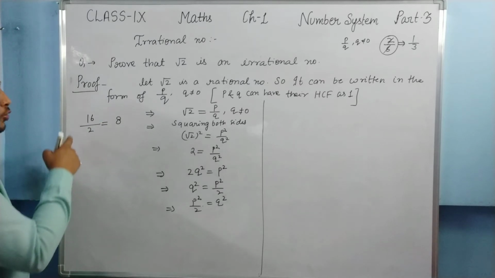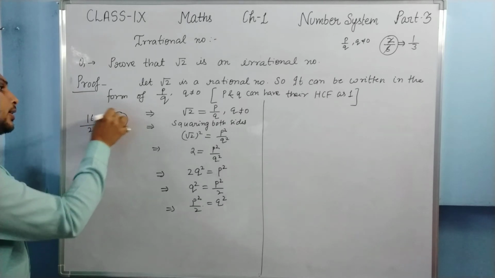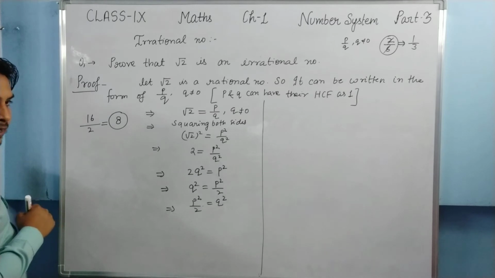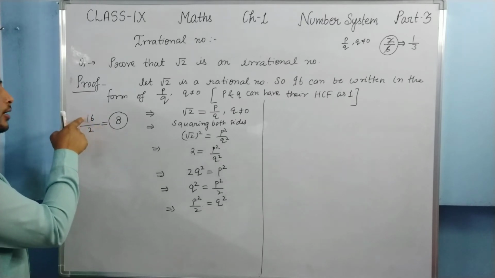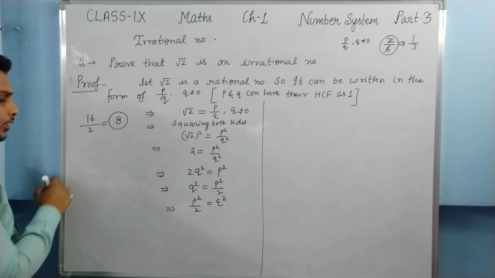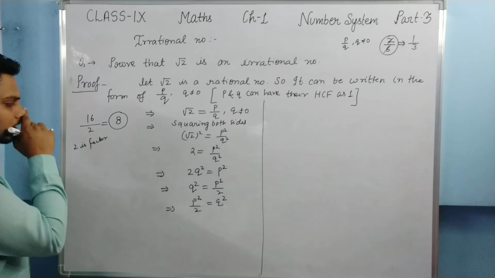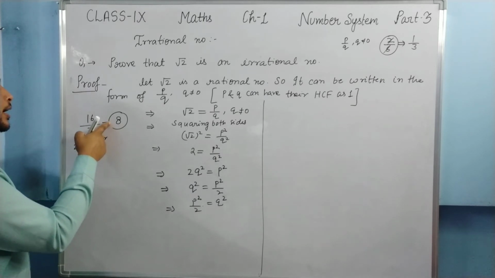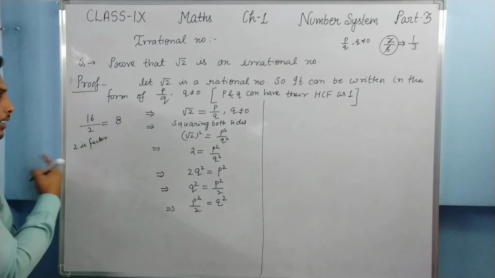So if any integer is divided by 2 and we get another integer, positive integer, it means that 2 is a factor of that. So it means that 2 is a factor of 16, because when we divide this number by 2, we get an integer.